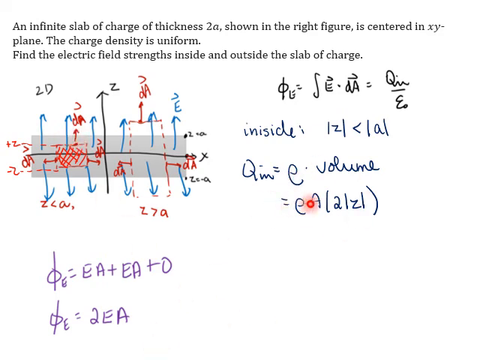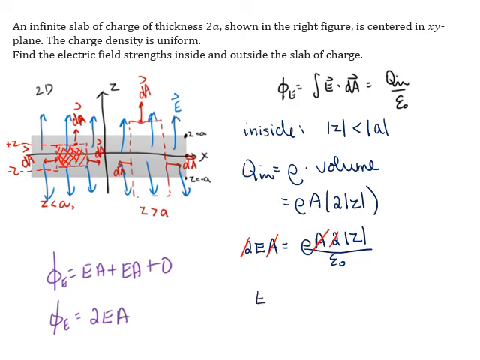Okay, let's put this Q enclosed in our Gauss's law together with our net flux. So the net flux is equal to 2 times E times A. That's equal to the density times A times 2 times the magnitude of the coordinate divided by epsilon naught. We see that we've got A on both sides, so we can divide both sides by A. We've got a 2 on each side, divide both sides by 2.